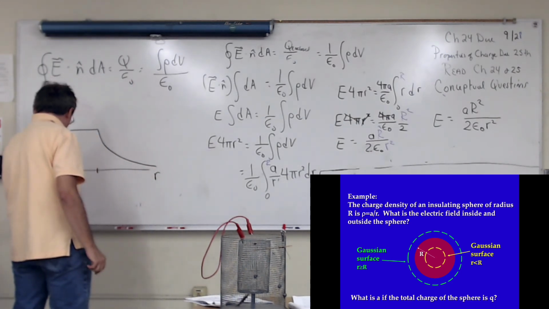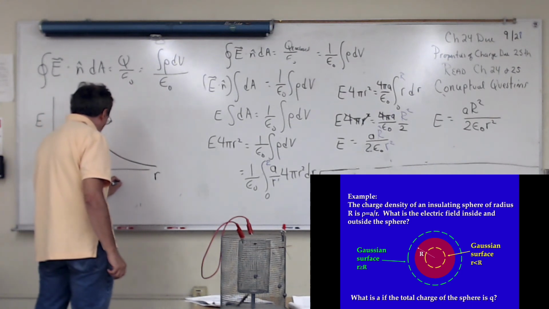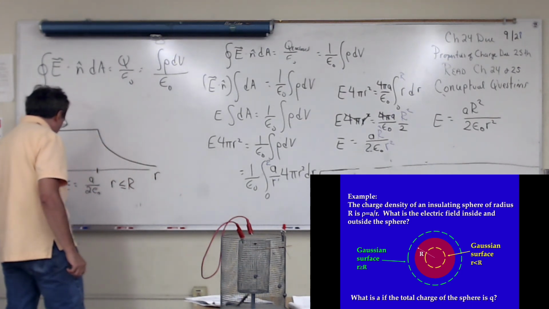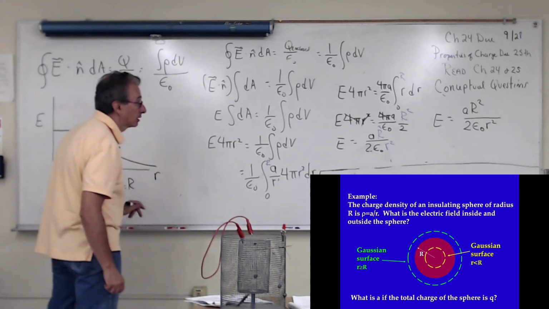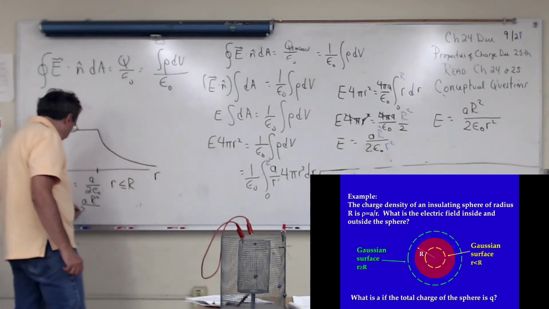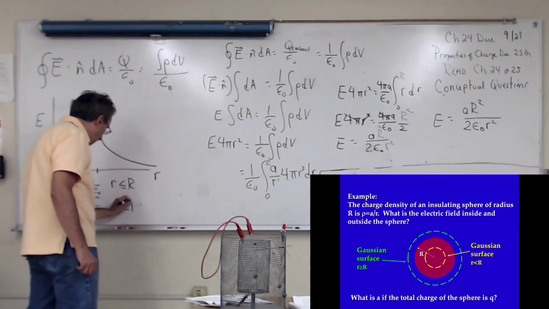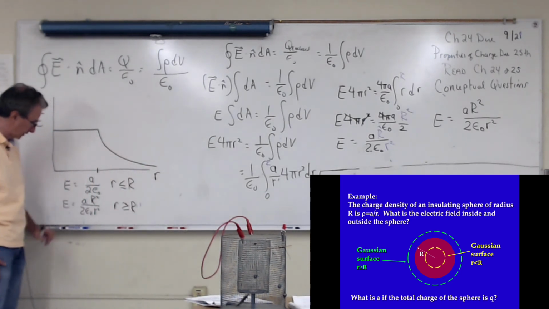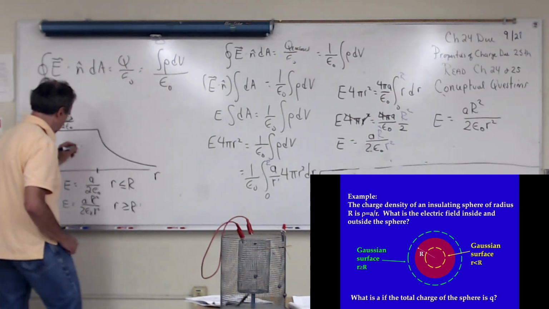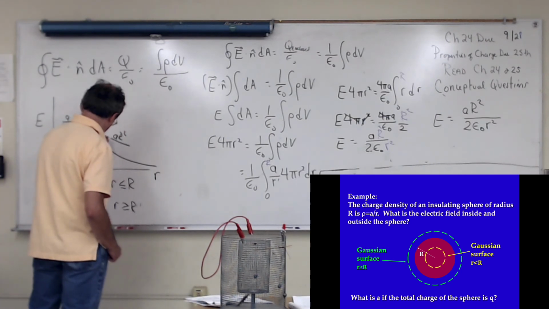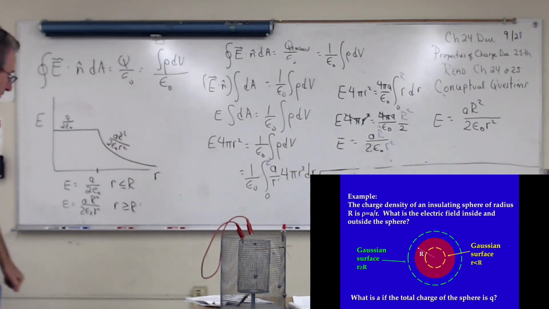So E is equal to A over 2 epsilon naught for r less than or equal to big R. And E is A R squared over 2 epsilon naught little r squared for r greater than or equal to R. And notice if little r equals big R, you get this. Okay? That's what you get.